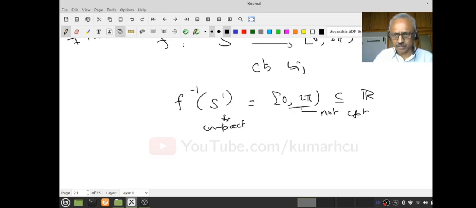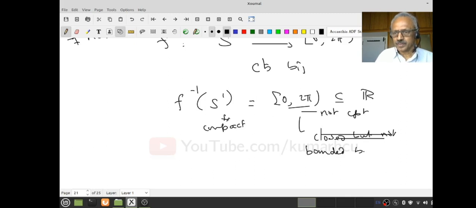This one is bounded, of course, but it's not closed. Therefore, this cannot be compact. Bounded, but not closed. Therefore, not compact.